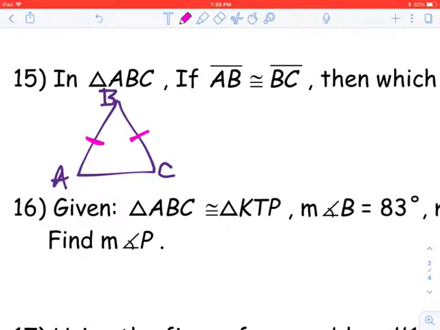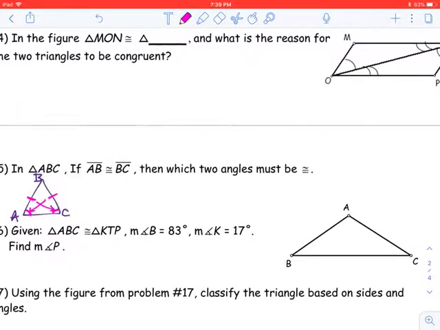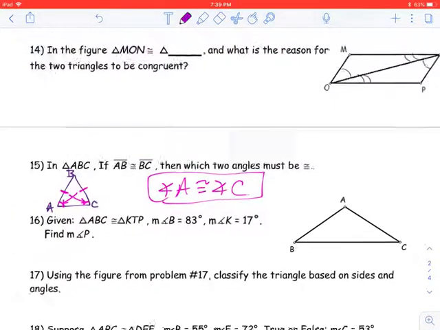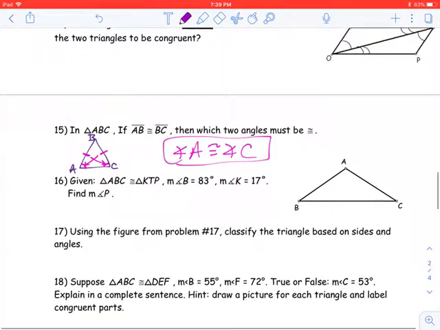Well, remember, it's the opposite angles of congruent sides that are going to be congruent. So those angles are A and C. So angle A is congruent to angle C. That's it. What is the opposite side or angles of the sides we're given? Okay. 16 we'll do tomorrow.